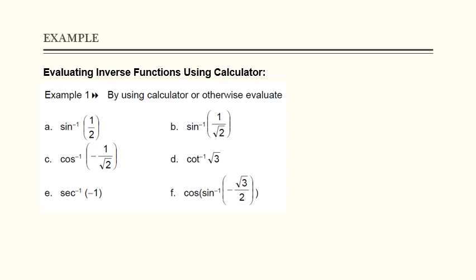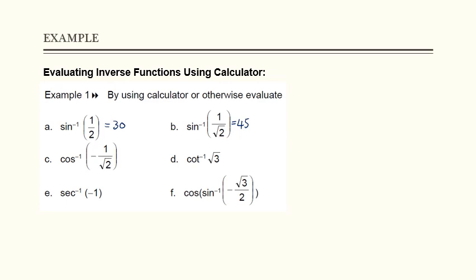Sin inverse is located above the sin button, so you need to use shift, shift sin. You will see sin to the power of negative 1 appear on your calculator. That is the inverse trigonometric function. Sin inverse 1 over 2 is equal to 30. Then B, sin inverse 1 over square root 2 equals 45.